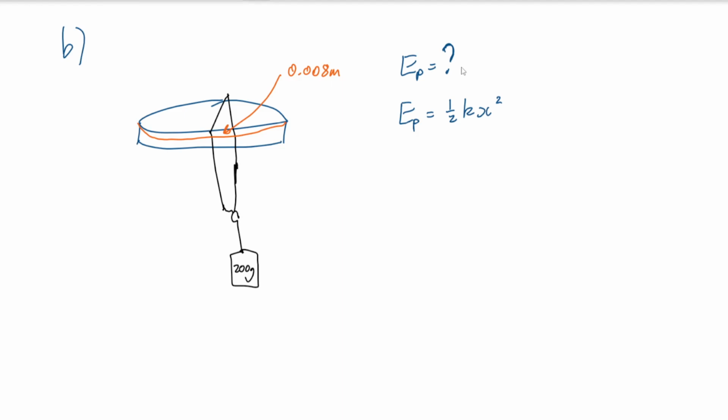So how do we find K? By Hooke's law, we know that the force required to stretch a spring by some distance is related to its spring constant.